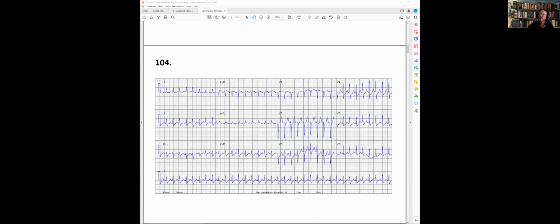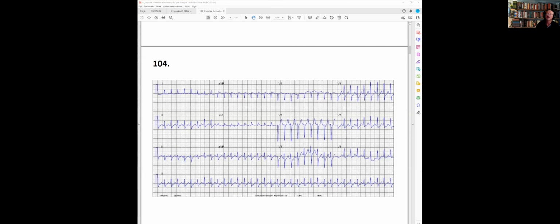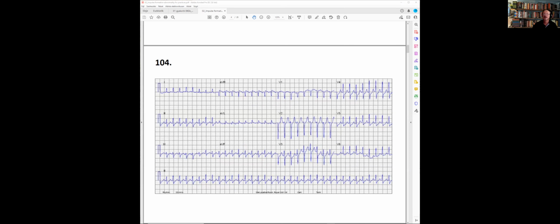Again, it seems regular and rhythmic. And the heart rate is 7 peaks in 2 minutes, so it's 210 BPM. Okay, very good. So it's very tachycardic. Yes, it's more than 100 BPM, so it's tachycardia.